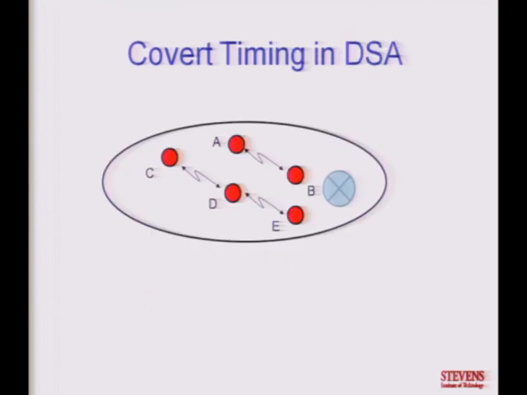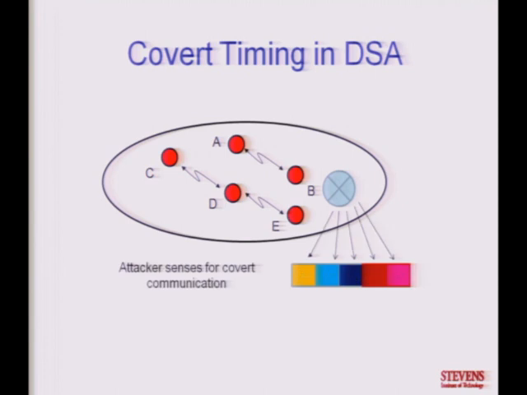In terms of a DSA network, what this means is something like this. Let's say there are 5 channels here, and in each of these channels, a set of users want to transmit data with some covert communication underneath. The attacker is sensing all these channels.